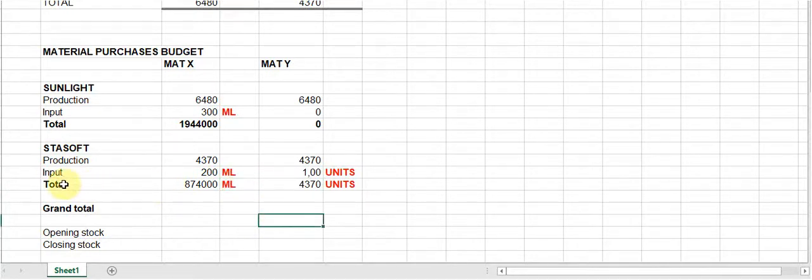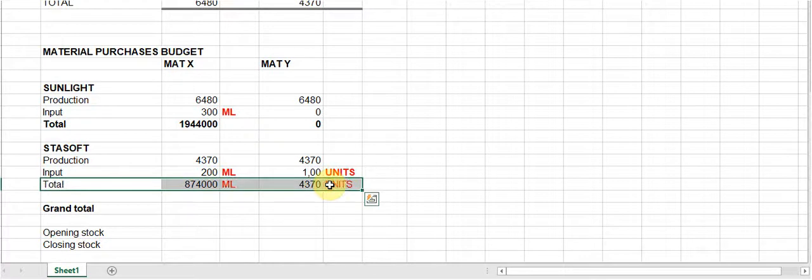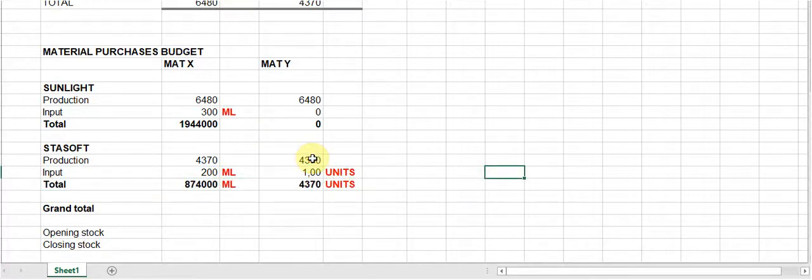All right, so we now are faced with a problem here, because our prices, I believe, was not given in milliliters. If we look at the price of material X, it was given in liters. So we now need to go and convert milliliters to liters.